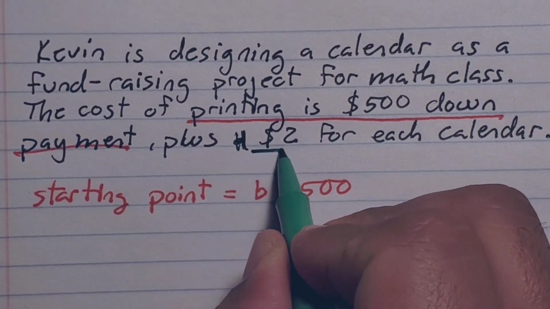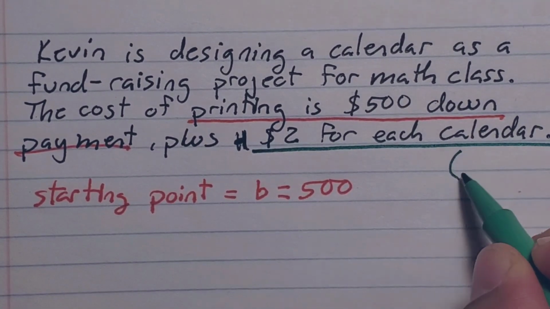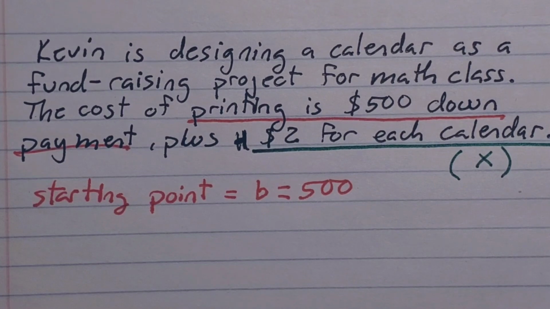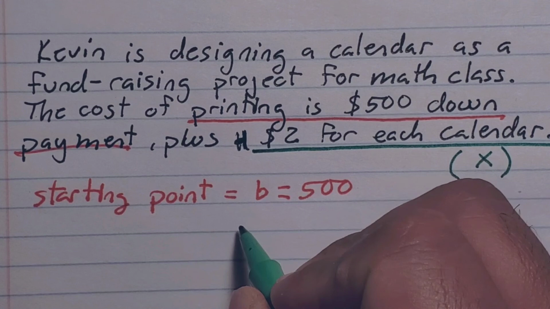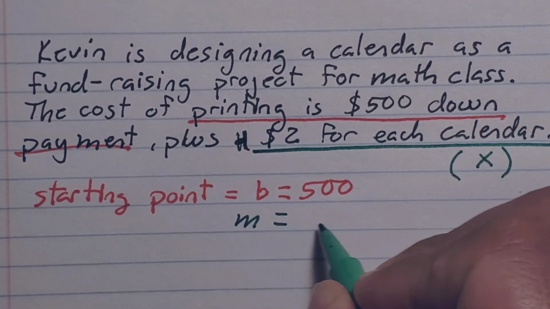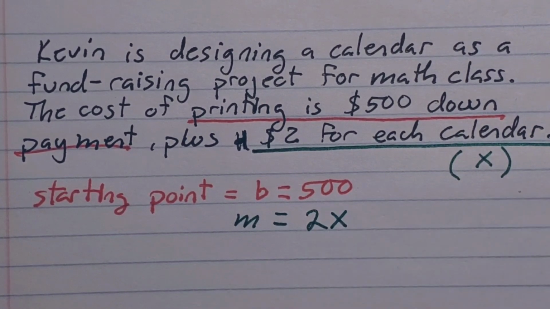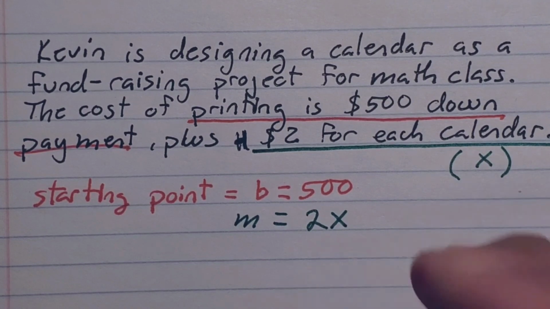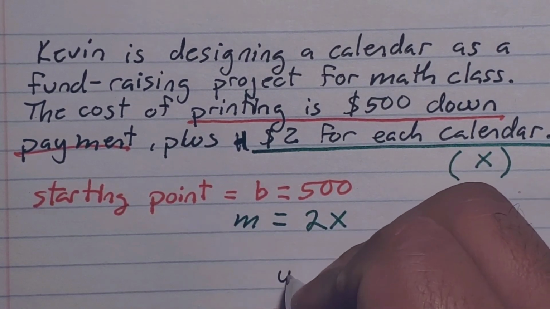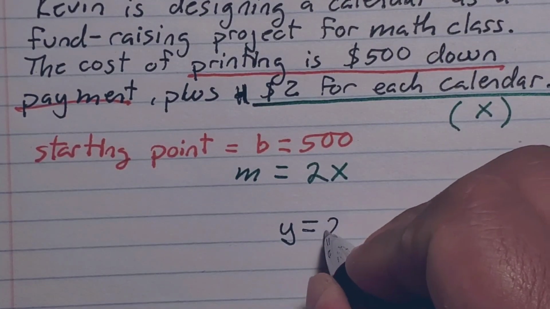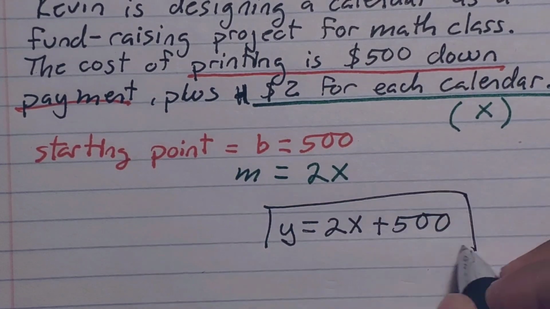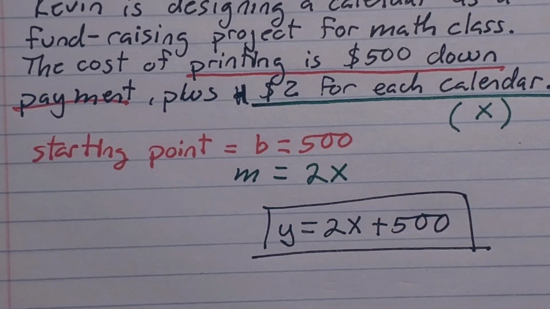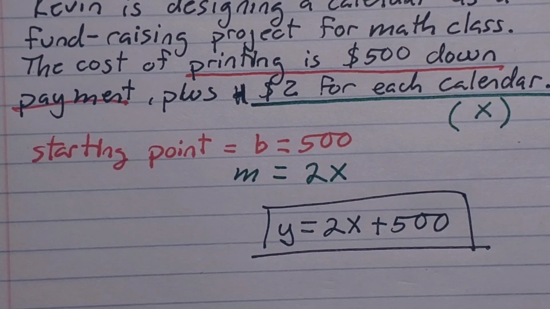So my $2 for each calendar, in this case, x will be my calendar. So my slope will be 2x. So once you got these two down, you know your equation is going to be y equals 2x plus 500. So it's all about finding your starting point and your rate of change, and there you have your equation.